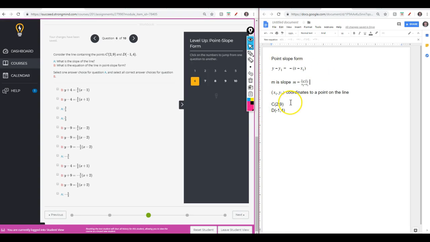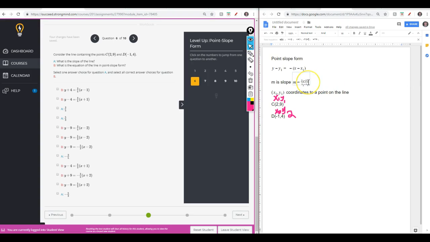So we just want to label point C or point D as our first point, and it doesn't matter which one. I'm just going to label point C as my first point, so that's x1, y1, and D is going to be x2, y2, to find the slope.